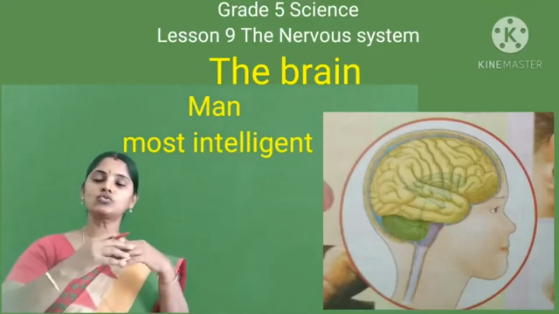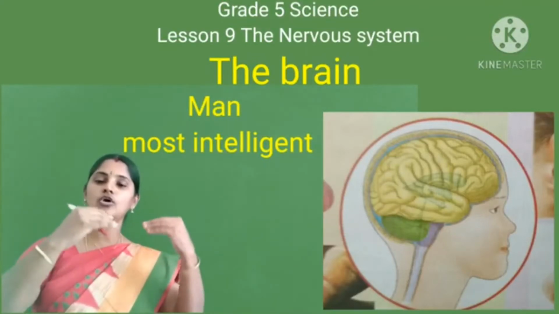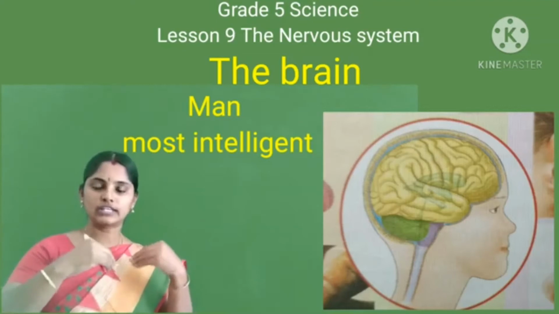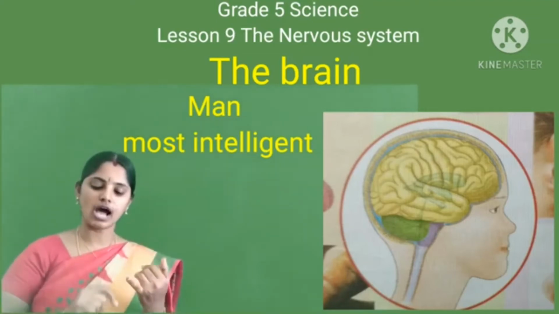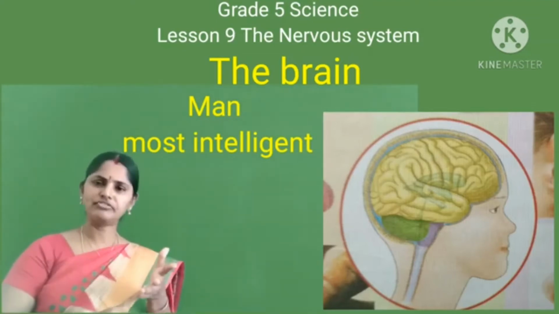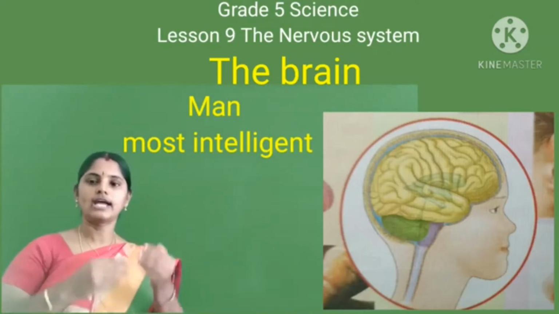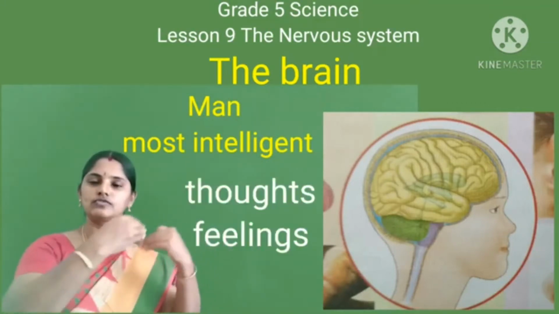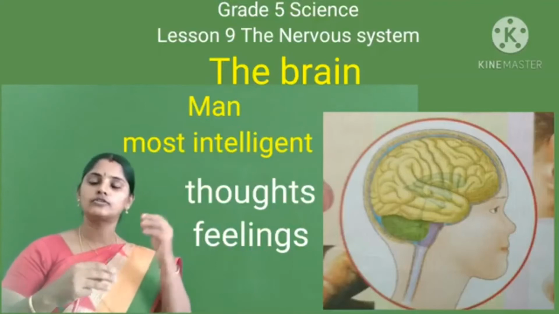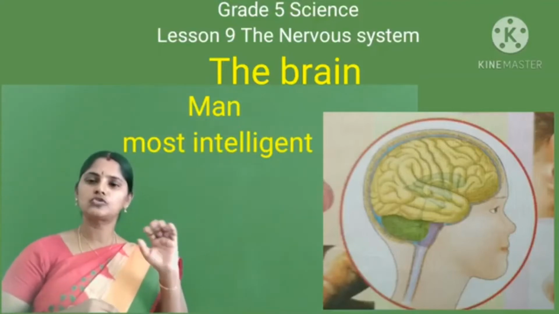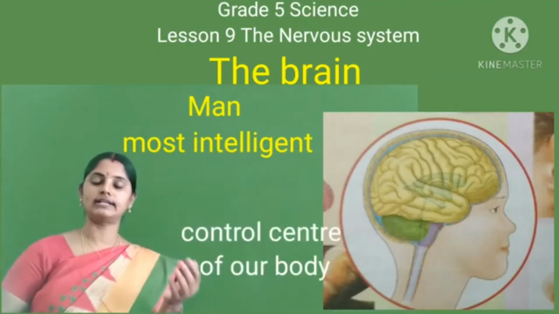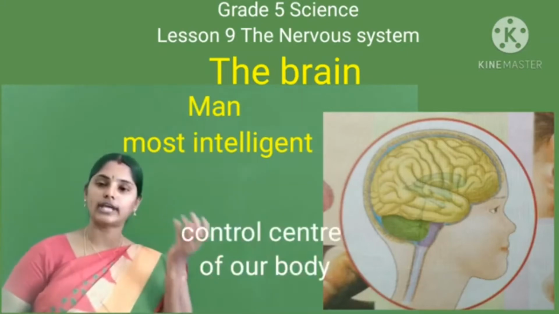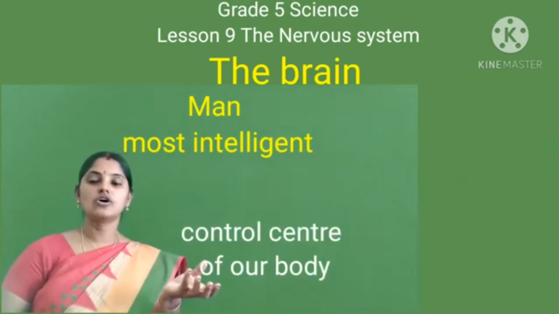The brain carries out all the activity very smoothly. It looks after our thoughts, feelings, everything. It sends and receives messages and stores memory. It does all the intelligence work. It helps us to take decisions, isn't it?